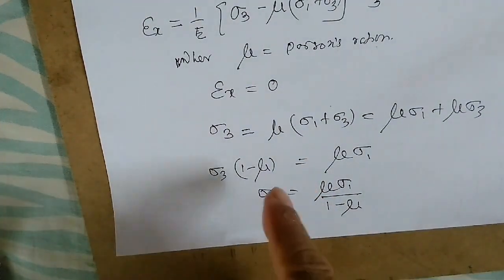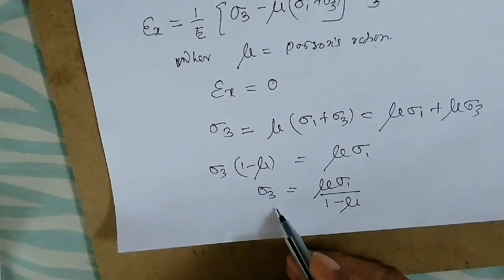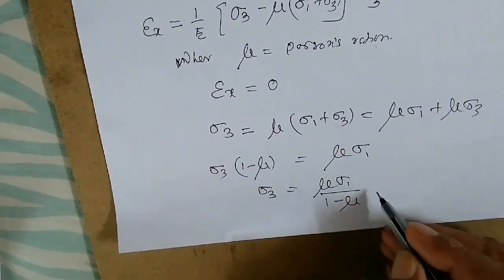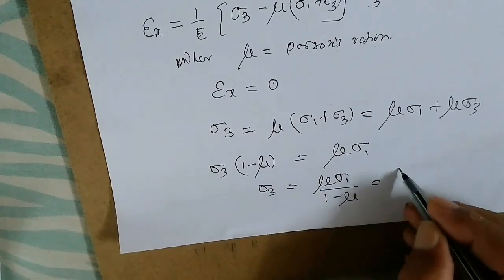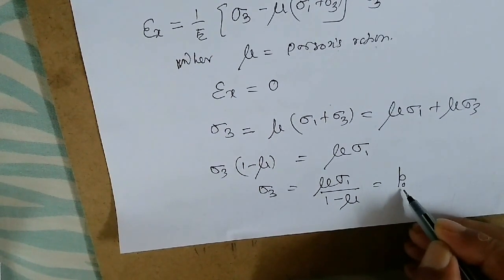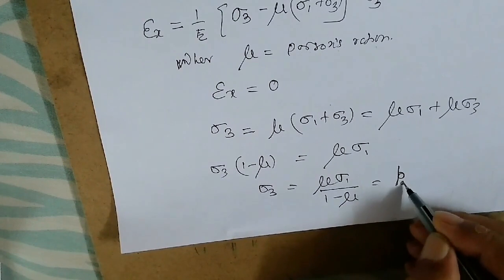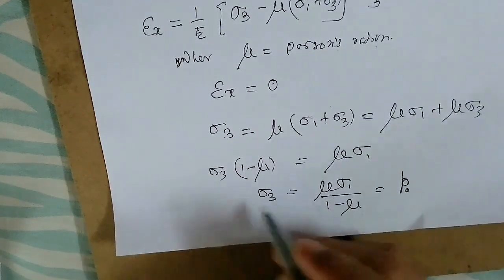This sigma 3 is actually the side pressure or lateral pressure. So we have found the lateral pressure, that is the at rest pressure, P naught, where 0 denotes at rest. Now onwards lateral pressure will be written as small p, and for 0 it is the at rest pressure.